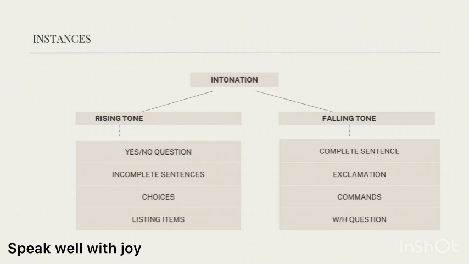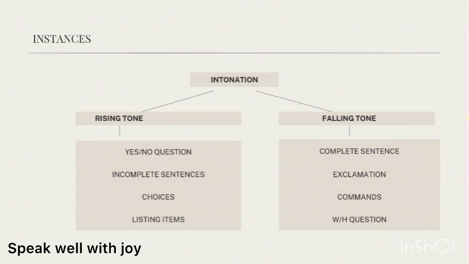Okay, so the next one is choices. When you're trying to choose between two things, I prefer rice to beans, or you can have like, should we go now or later? Should we eat biscuits or tea? You are rising when you are making choices like that. And then listing items.